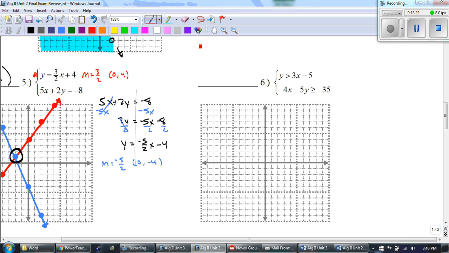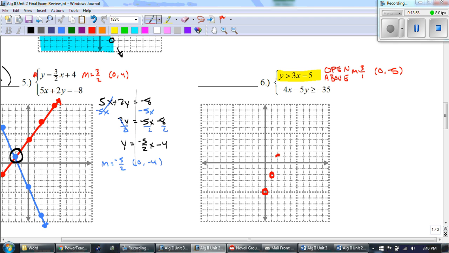So remember, we need to look at the inequality first. The inequality is telling me that this is open and above. Our slope is 3 over 1, and I'm starting at 0, -5. So 0, -5 is where I start. I'm open, and I go up 3 over 1.